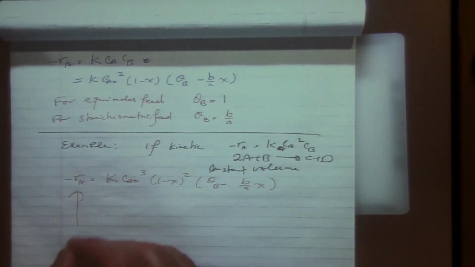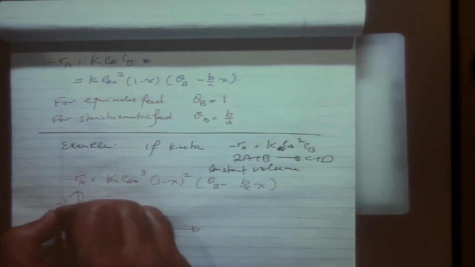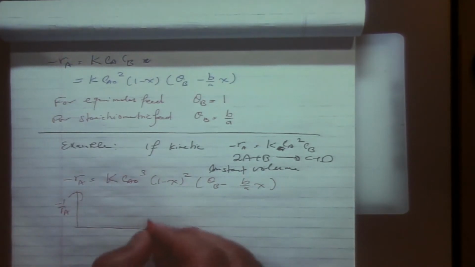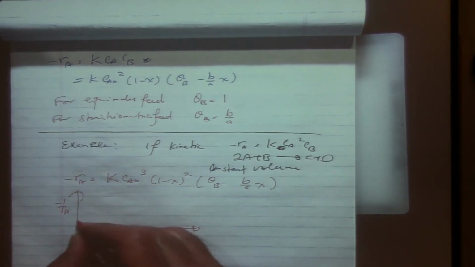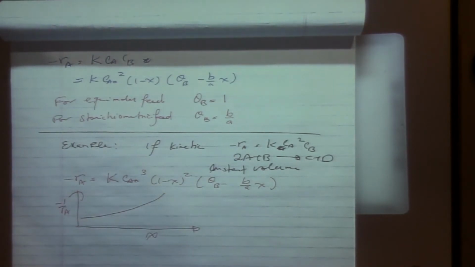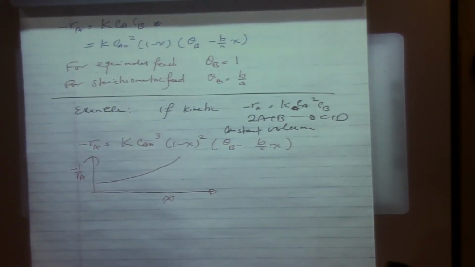If you're going to just plot this one, 1 over minus rA, or FA naught over minus rA for the flow reactors, you're going to get something like this. I'm going to set a workshop on the Polymath very soon. I mean, it gives you at least one single session.